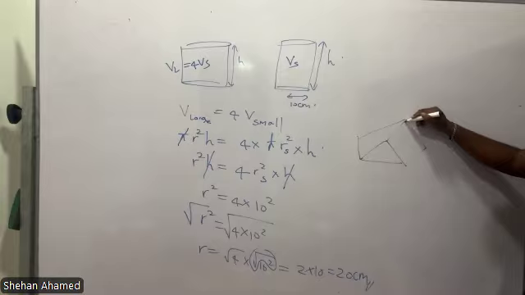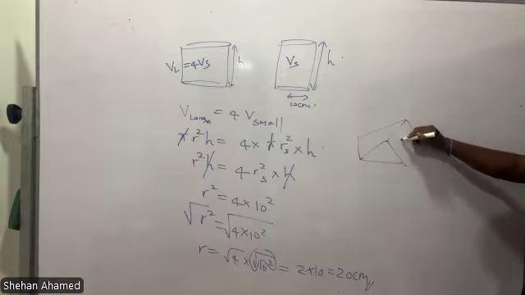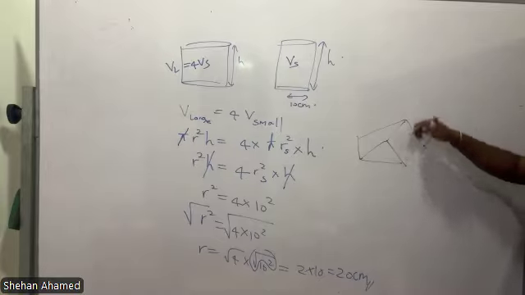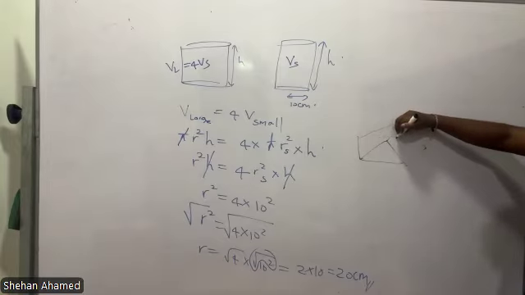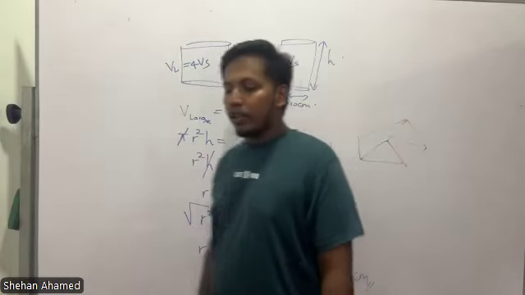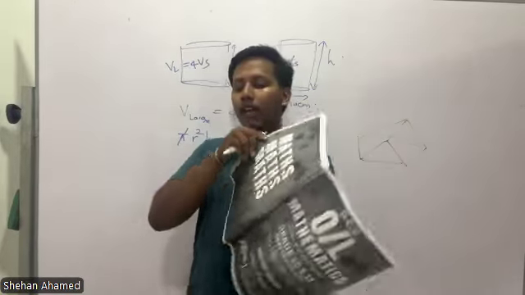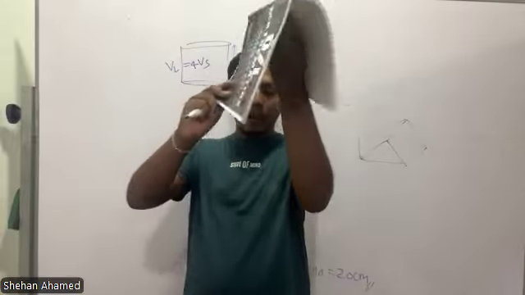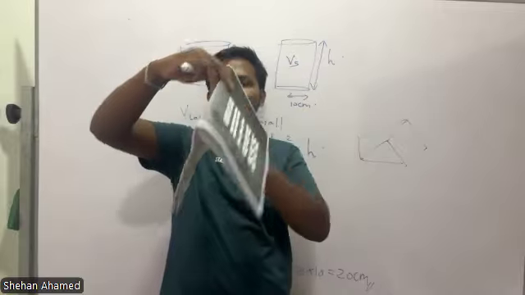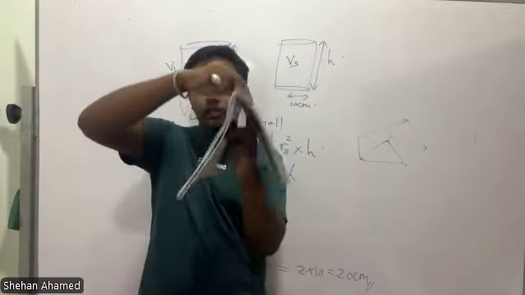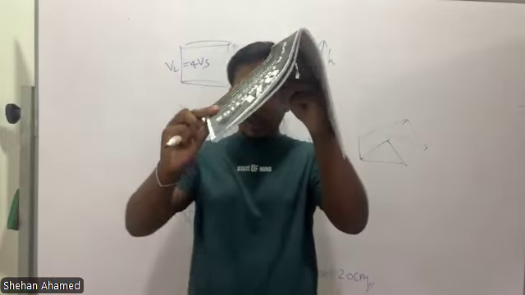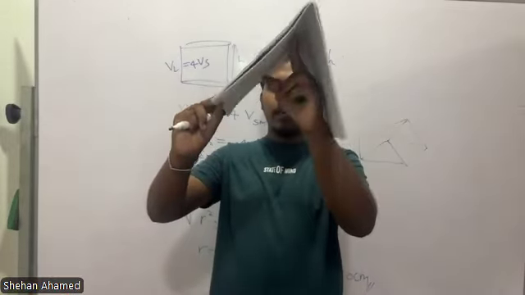Can this type of thing happen? This type of thing can happen. Even though it's a rectangle, even though it's a square, we can form a shape like this, right?